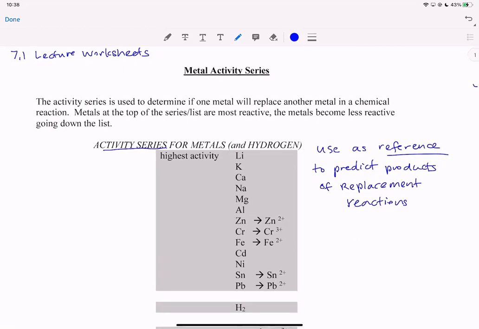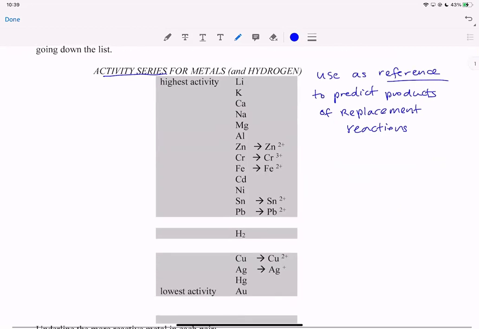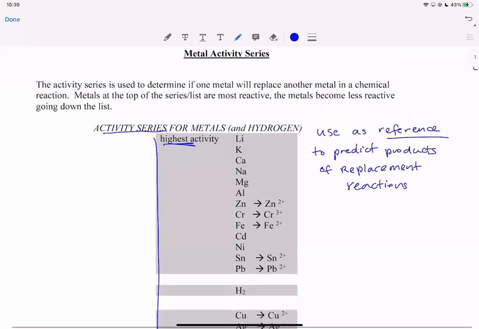This activity series is the listing of metals from high activity to low activity. So these are the most reactive at the top, and these are the least reactive at the bottom. And in the metal activity series, if one metal will replace another metal in a chemical reaction, that is called a single replacement reaction.